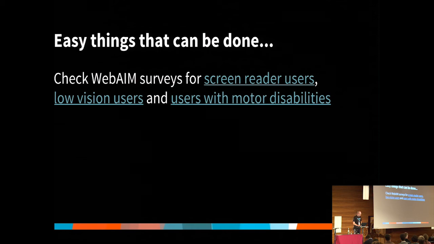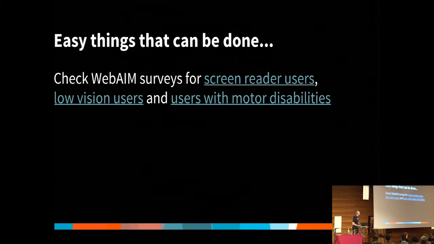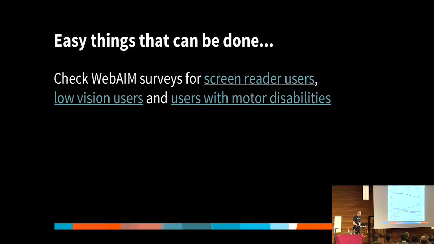So I would like to show two screenshots from the survey I mentioned in the beginning, which is done by WebAIM. This looks like a presentation prepared by somebody from WebAIM. I'm not, but the tools from there are just so helpful. They make surveys for screen reader users, low vision users, and users with motor disabilities.